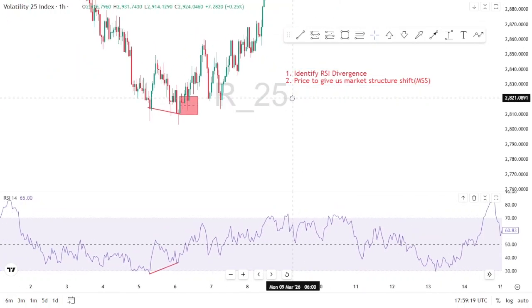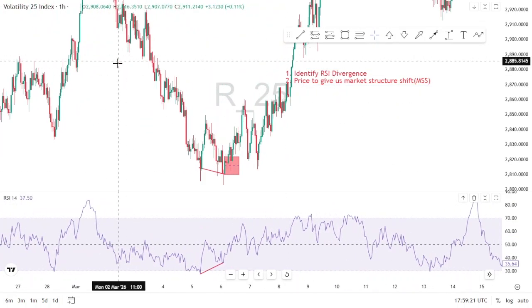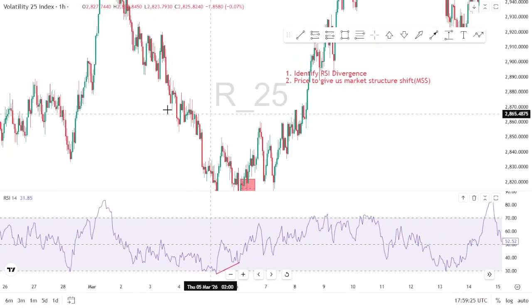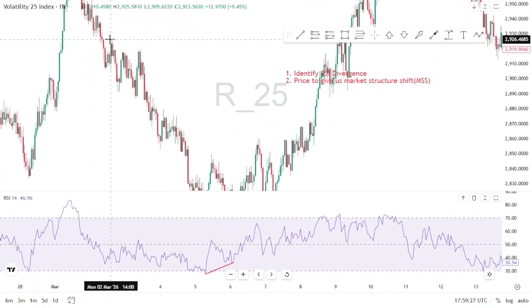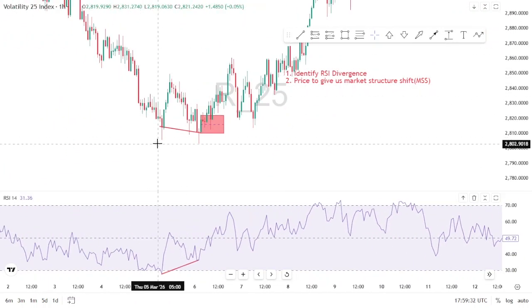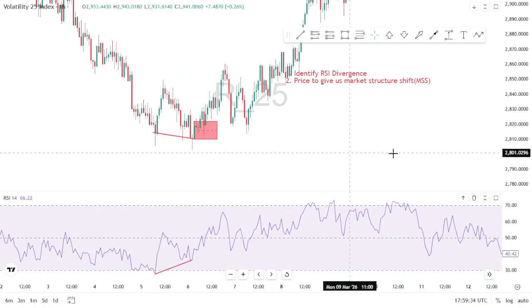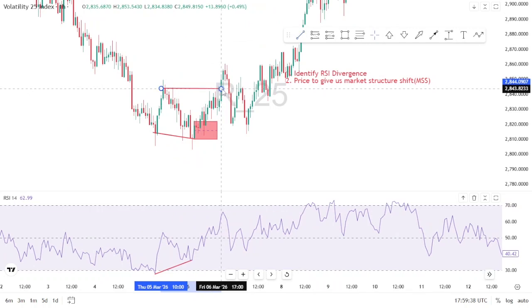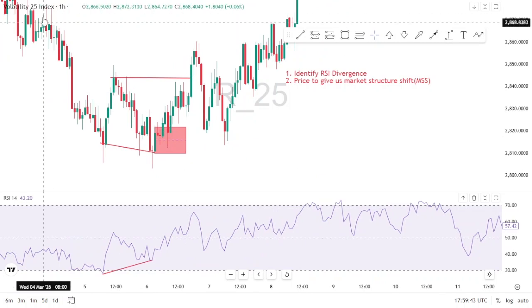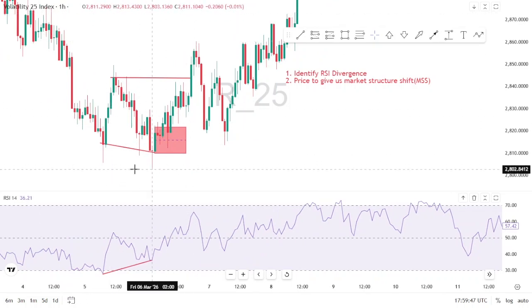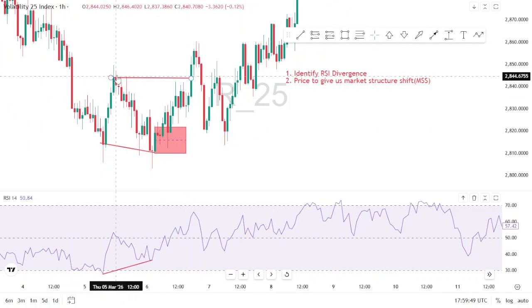So now you can see price was bearish from here to here. All this price is just forming lower highs and lower lows, and then once it got here, it gave us this RSI divergence, and then it gave us a market structure shift like that. A market structure shift is when, in a bearish trend, price closes above the previously formed lower high.